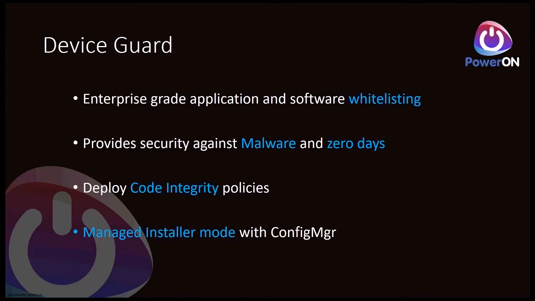However, having said that, there's a better way of doing it now, which is more dynamic, and the answer to that is by leveraging new SCCM current branch capabilities, so System Center Configuration Manager current branch, with the new Creators Edition of Windows 10 1703. The recommendation is to deploy Device Guard and AppLocker in managed installer mode. This makes the management of an approved application environment substantially easier.